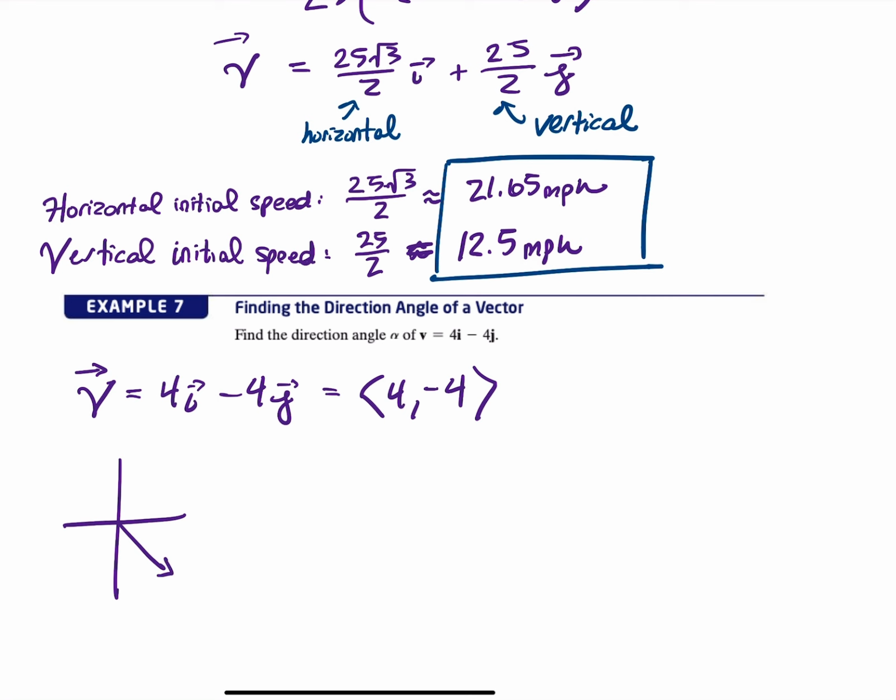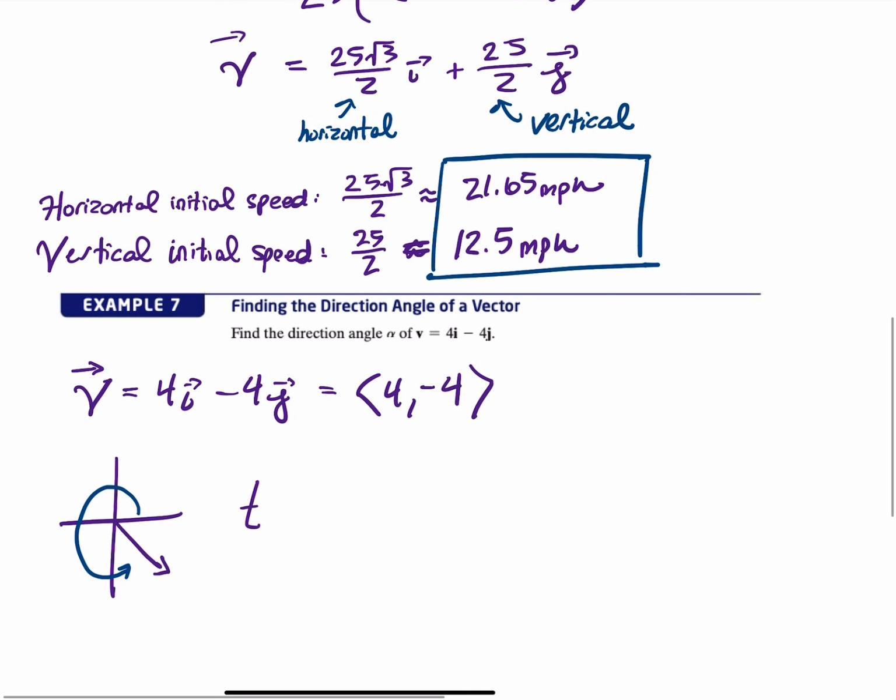So we want some angle that terminates in the fourth quadrant. And we can treat this like finding the angle of a polar coordinate. If you recall, we used the tangent. We can say the tangent of theta would be, in this case, the b value divided by the a value. So negative 4 over 4, which is negative 1.